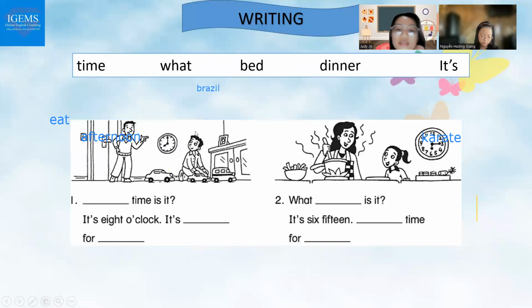So you can write down something suitable for the picture. So number one, you need to fill the question and the answers based on the picture. First one is the question. And you need to choose these words to fill in.